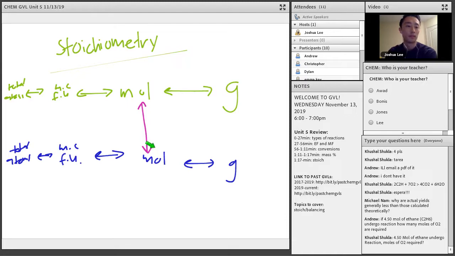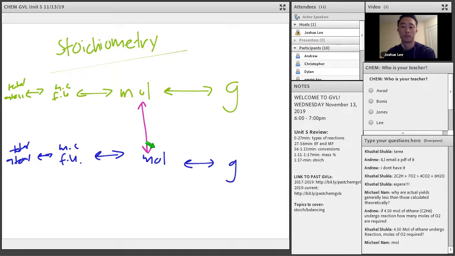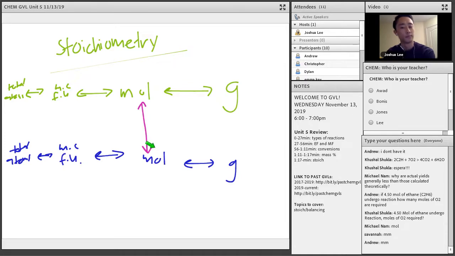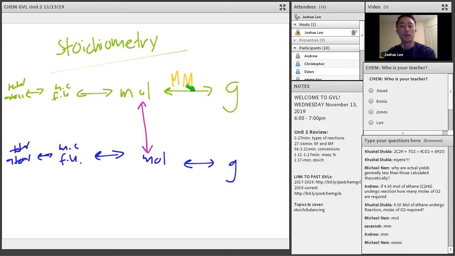So before we get to your homework problem, anytime you go between grams and moles, what do you have to use? So to go from grams to moles, you have to use moles? Indeed. Molar mass. And if you wanted to go from moles to grams, you would also use molar mass.